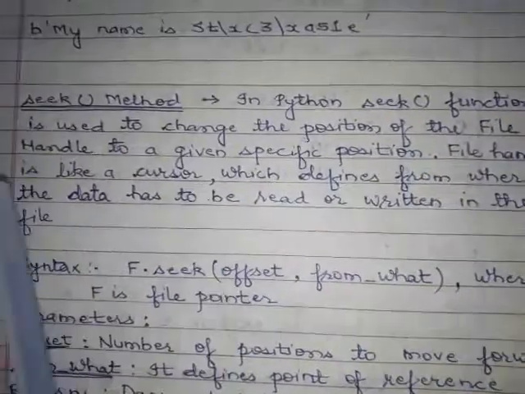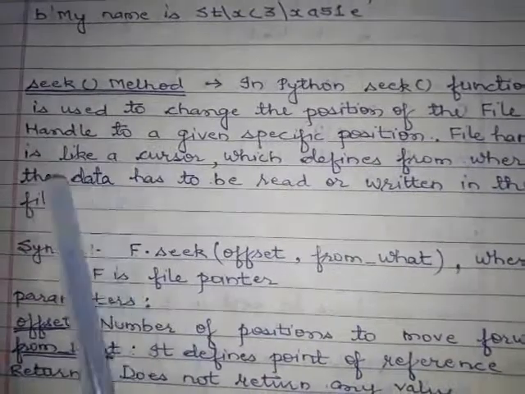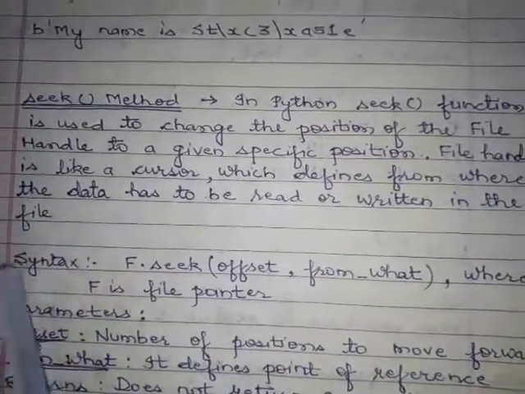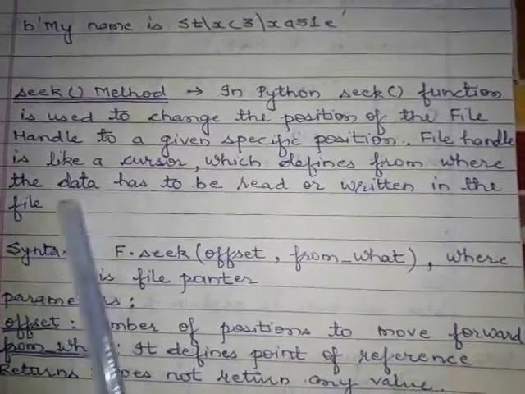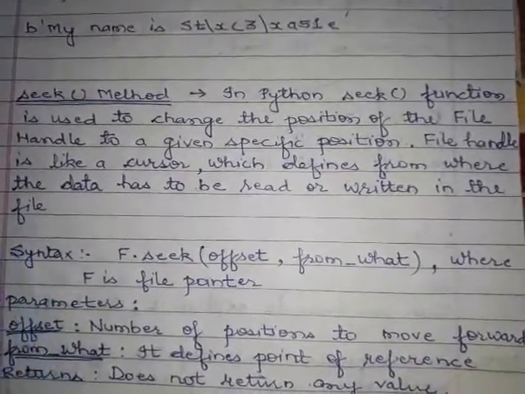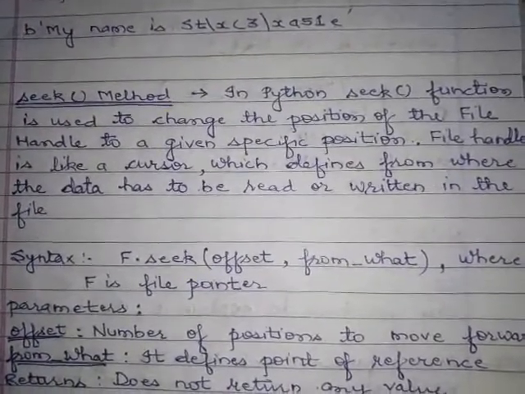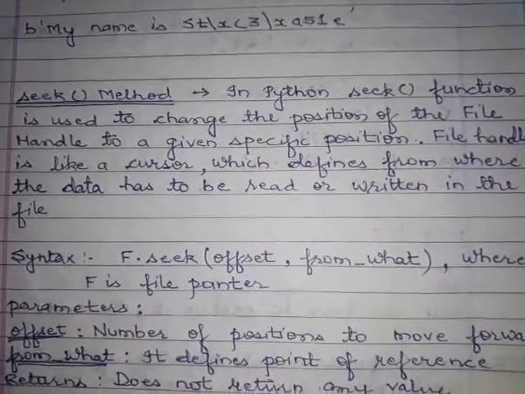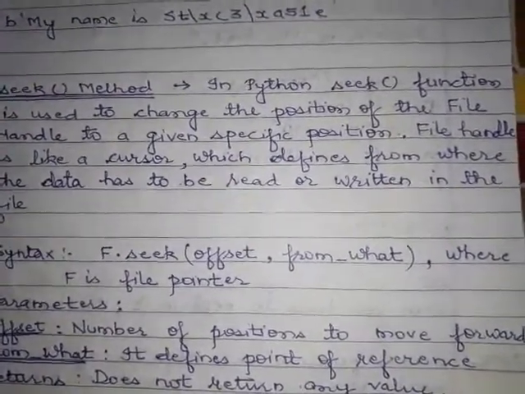The file handle is like a cursor which defines from where the data has to be read, like the cursor which blinks on our computer screen. Whenever we press the up arrow, down arrow, left arrow or right arrow key, the cursor moves in the file. So the file handler is simply like a cursor.